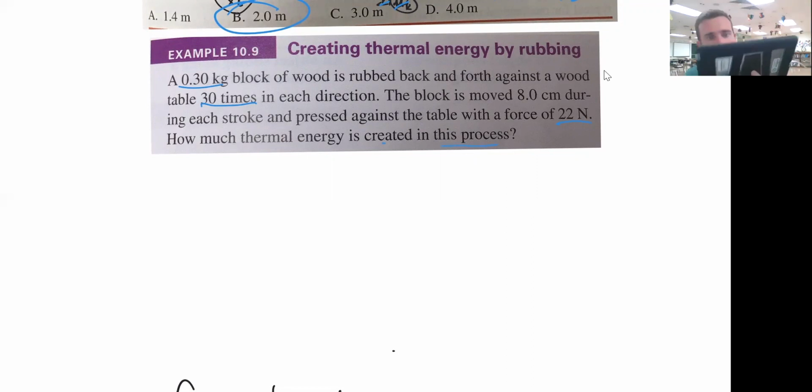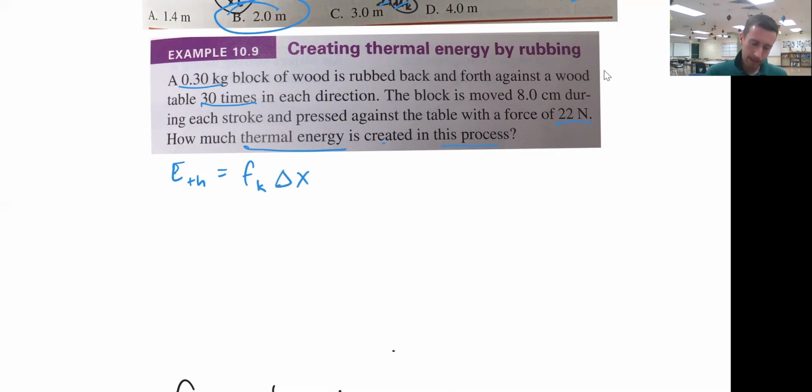Okay, so I am looking for how much thermal energy, so that would be E thermal equals the force of kinetic friction, sorry, times the change of distance.